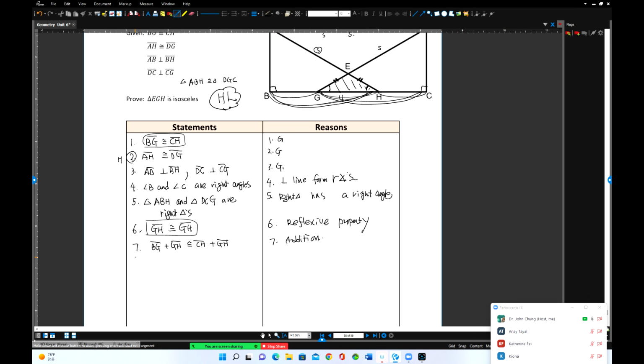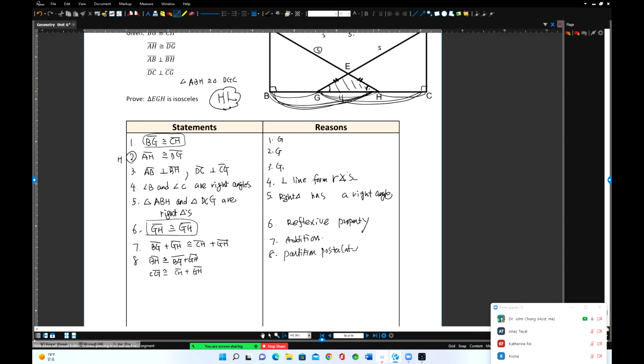Now the next one is using the partition postulate. BG plus GH is what? BH, isn't it? So BH exactly equals BG plus GH. And the next one is CG exactly equals CH plus GH. That is the partition postulate.